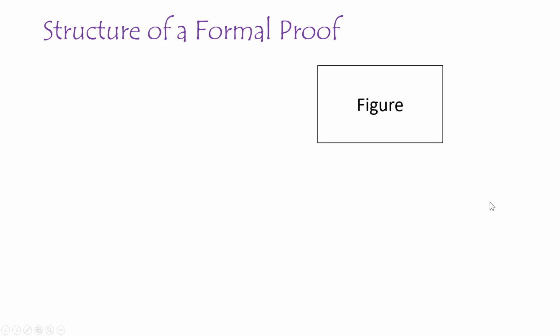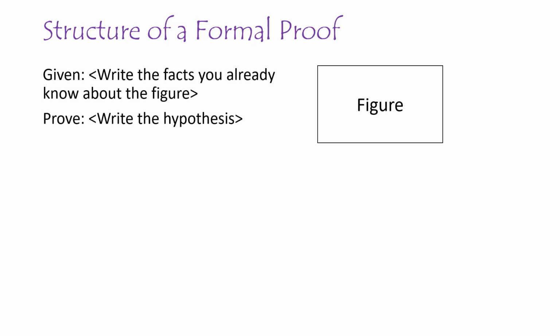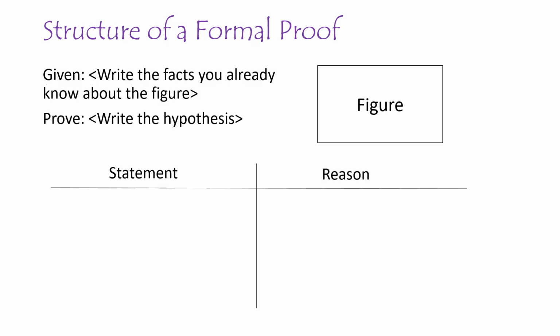So when you're done with this, you actually hand something in to your teacher, and this is how you write a formal proof. So you have a figure, usually a figure that you draw, and then you have to write down the hypothesis, you have to write down the facts you were given, and then you build this table where you have the statements and the principles, the reasons why you can make each statement.